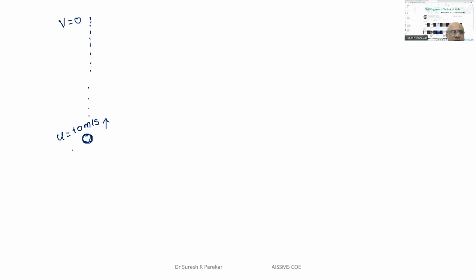The point from where your motion starts is always mentioned as the initial position, and the point where it stops is your final position. I will consider the upward direction only, and this is my final position. This is initial and this is final.